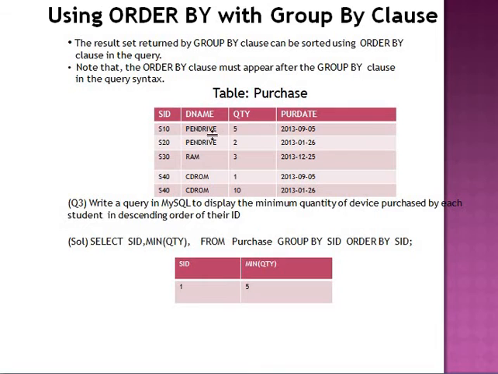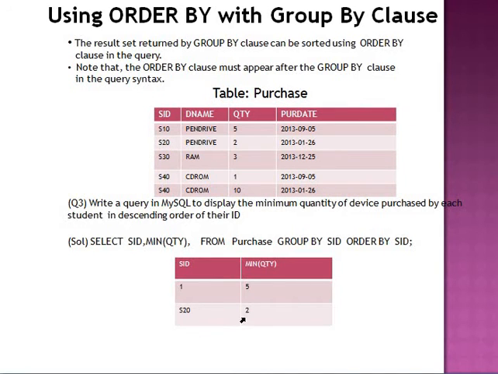Again, if you look at this table, the student with the SID entry as S20 has also purchased the device pen drive, and he has purchased 2 numbers of pen drive only on this particular date. So the minimum quantity of devices purchased will also show 2 for the student bearing the SID as S20.